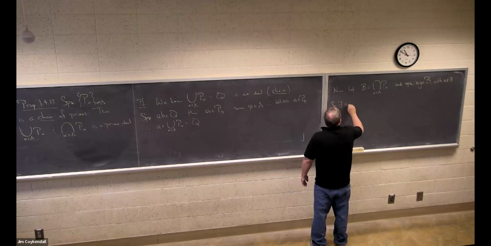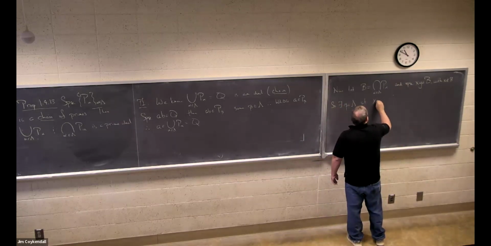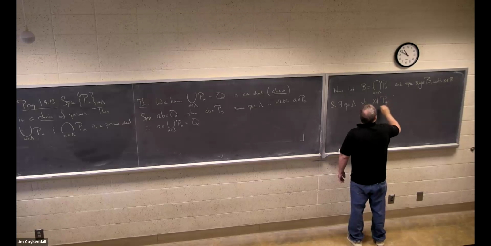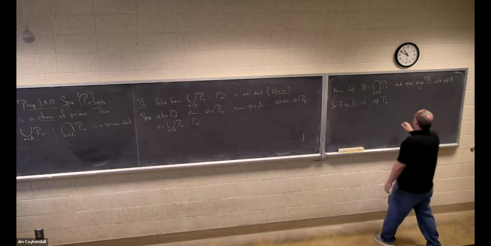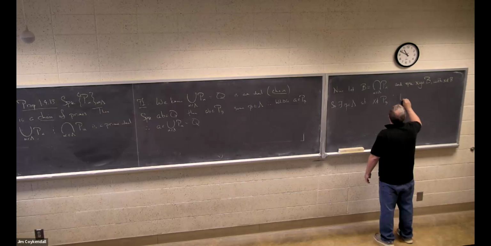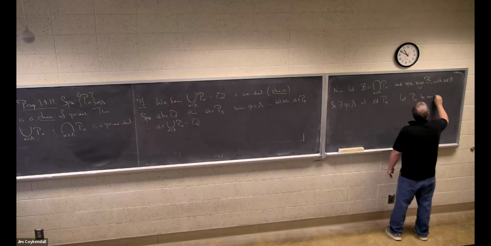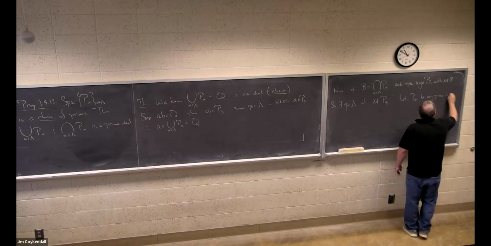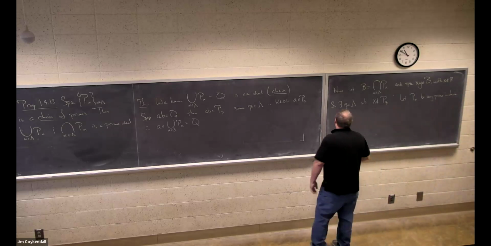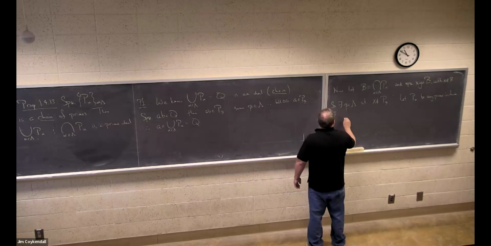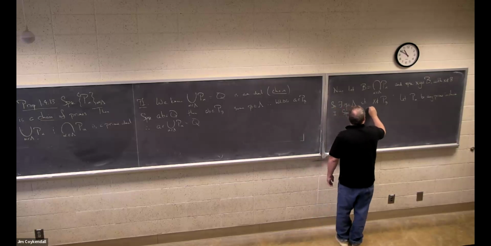There exists a beta in the index set such that X is not in P beta. Now let me break this down into two cases. Let P alpha be any member of the chain. Case one: suppose P alpha is contained in P beta.